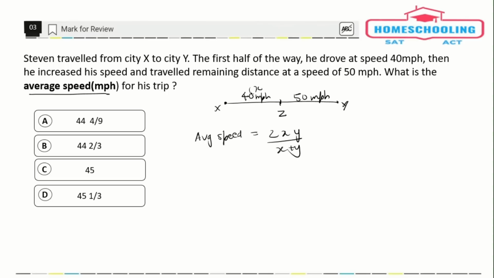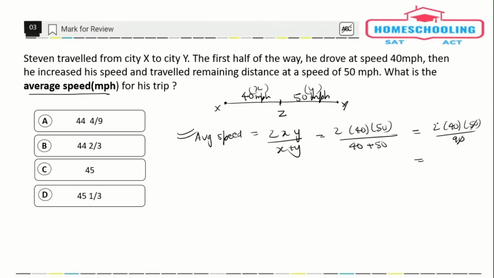So we'll take this one as x and this one as y. So 2 into 40 into 50 divided by 40 plus 50. So this one would be 2 into 40 into 50 divided by 90.